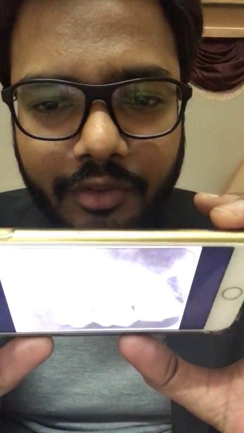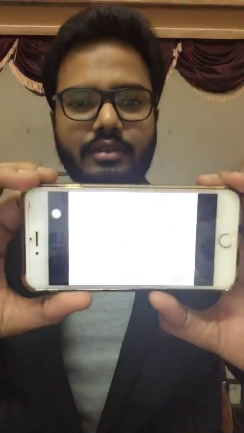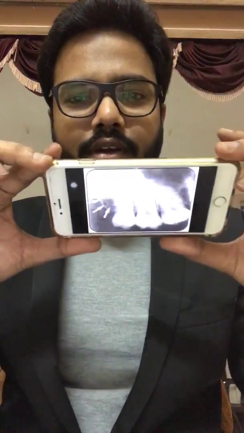I'll see whether we can alter the brightness. Is it clear? No, the brightness is too much. Let me decrease the brightness further.